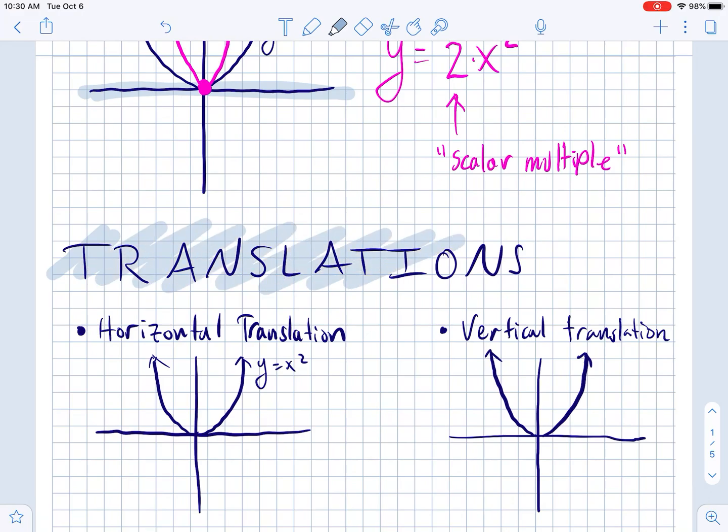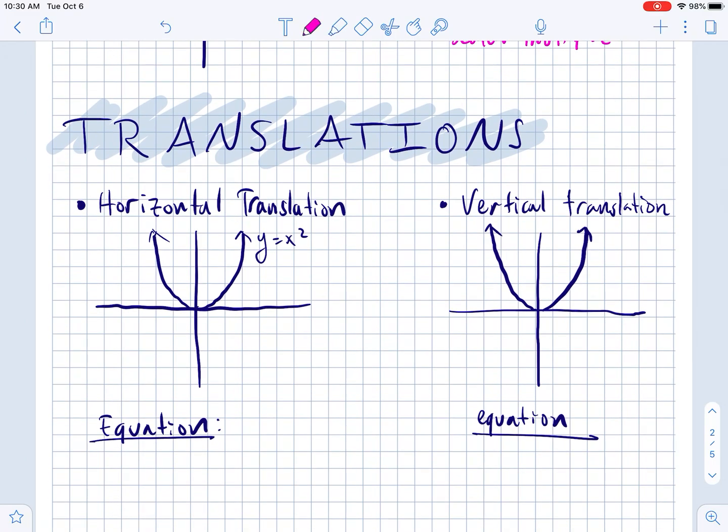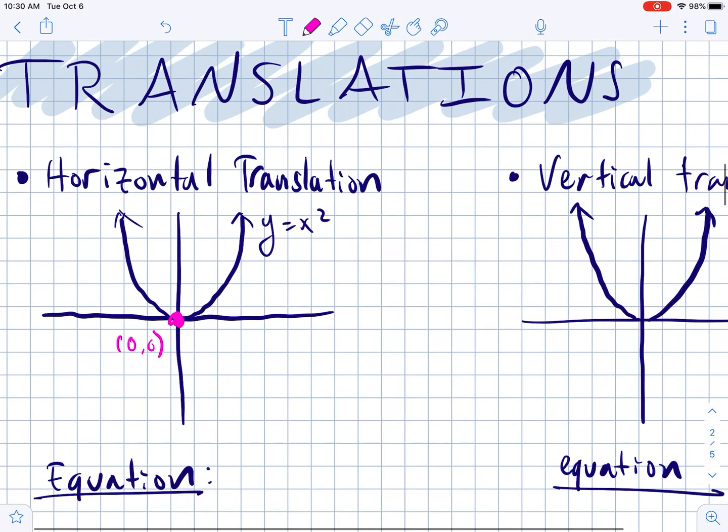Now, the word translations. Translations in general do not change the shape of the parabola. They don't stretch it or squish it or anything like that. They just move it around. One example of a horizontal translation: let's say the vertex of the parent function is at (0, 0).